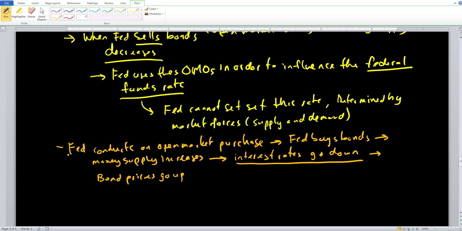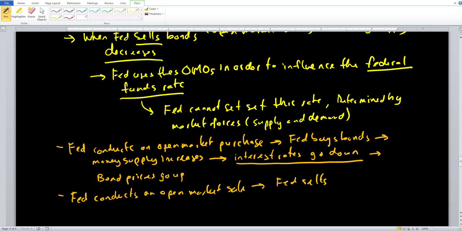So here, as we can see, the Federal Reserve is going to influence the federal funds rate with this particular open market purchase. And just for completion, so you have this in your notes, we can go to the opposite case as well. Suppose that the Fed conducts an open market sale. With an open market sale, we just go to the opposite case.